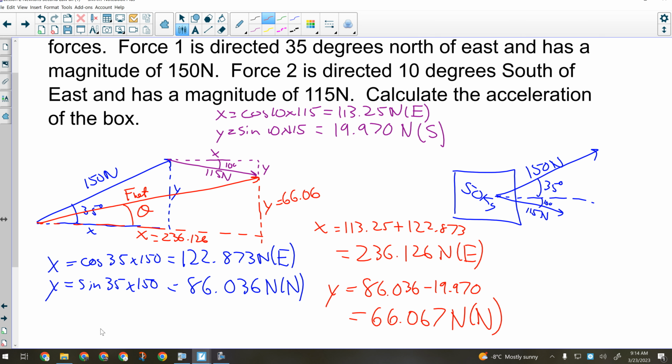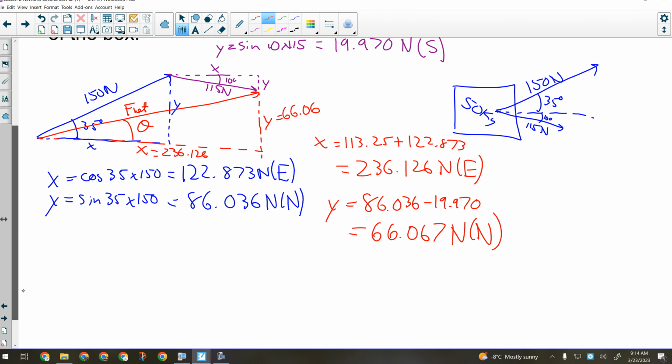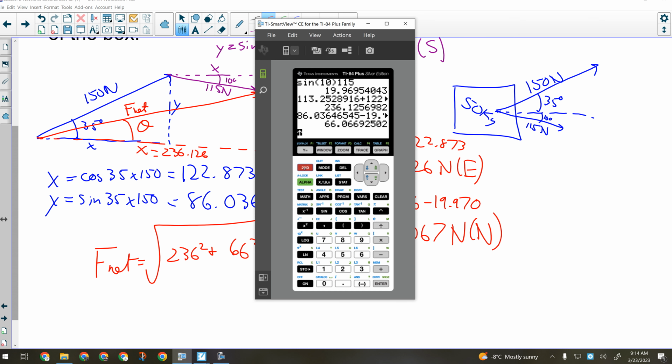Can I get my net force now? How? I use the Pythagorean theorem. F net will be the square root of 236 squared plus 66 squared, with all the decimals in place.